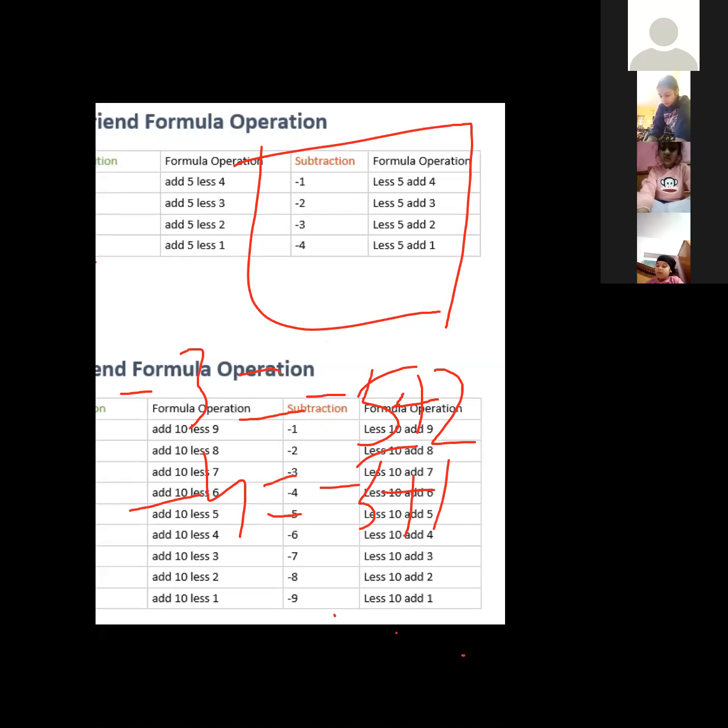Now say again, Kyra, minus 3 is equal to... You should not read what is given here. You read what I have written. Minus 3 is equal to minus 5 plus 2. Minus 4 is equal to minus 5 plus 1. That is just for your understanding.